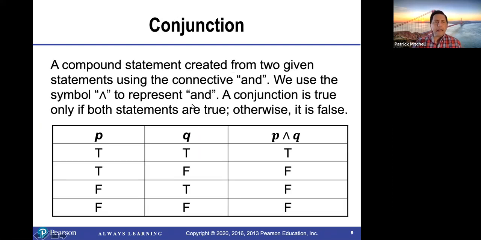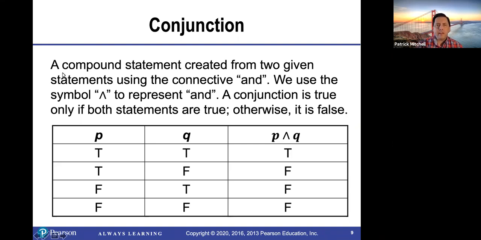Okay, after that, it gets a little more complicated. So the next logical operation that we should talk about is called conjunction: a compound statement created from two given statements using the connective and. So conjunction means and.